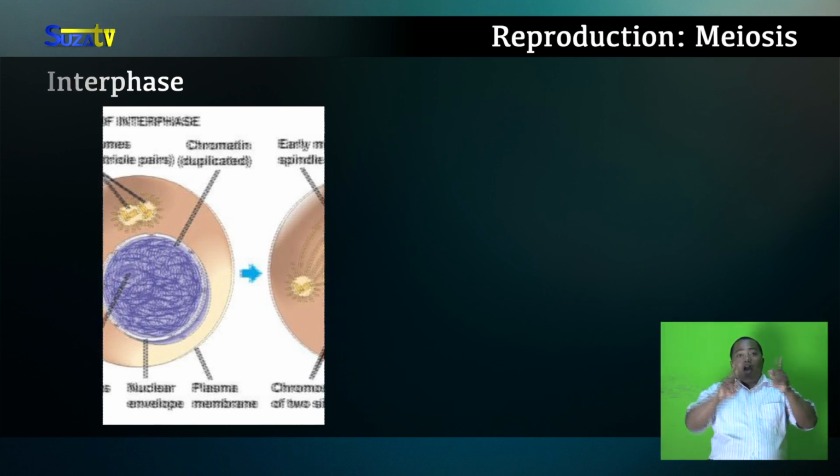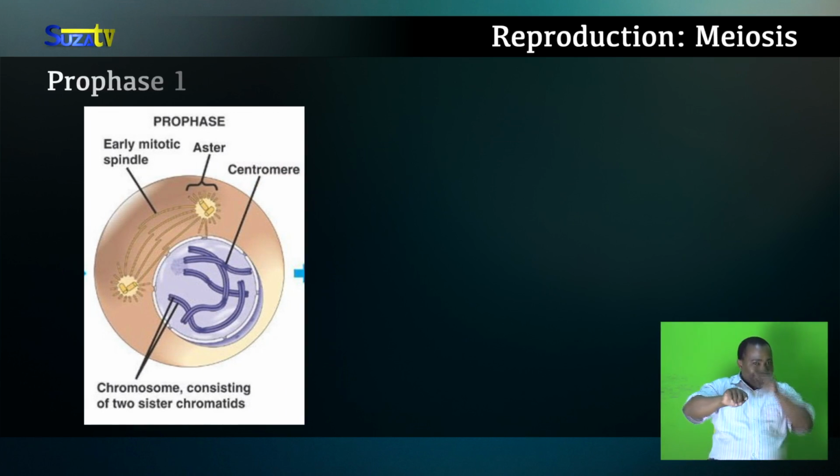After passing this stage, the cell now enters the first stage of meiotic division, which is prophase I. This is the longest phase.